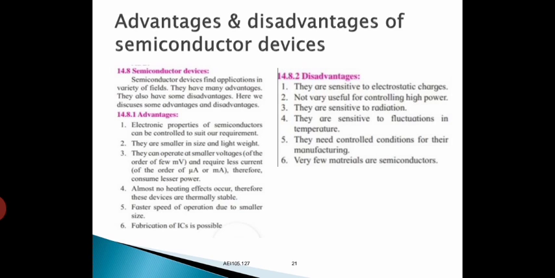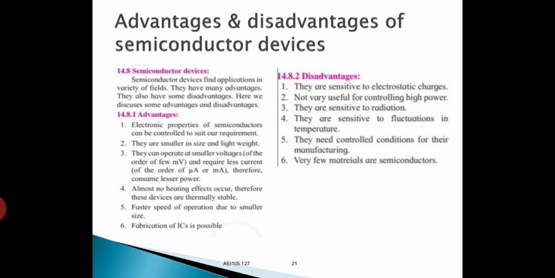Third, they can operate at a smaller voltage of the order of a few millivolts and require less current of the order of microampere or milliampere, therefore consume lesser power. Fourth, almost no heating effect occurs, therefore these devices are thermally stable. Fifth, faster speed of operation due to smaller size. And last, fabrication of IC is possible.